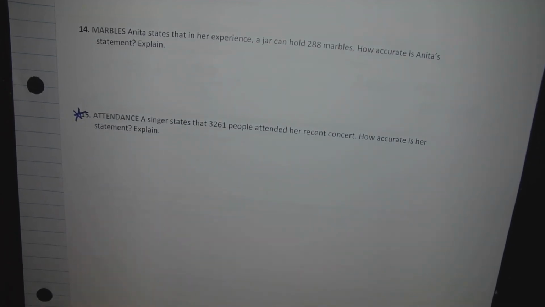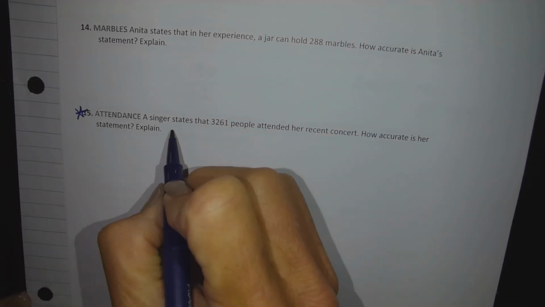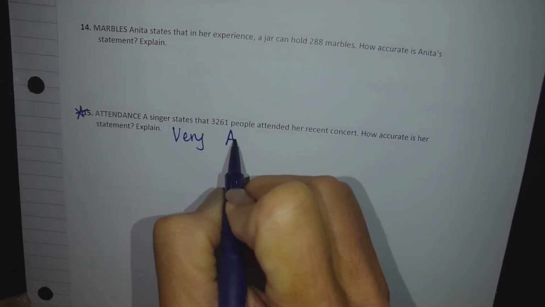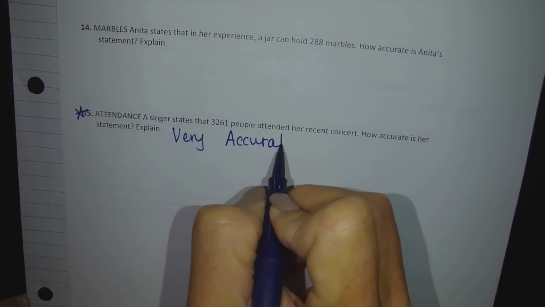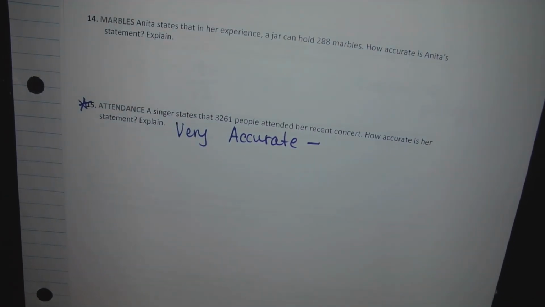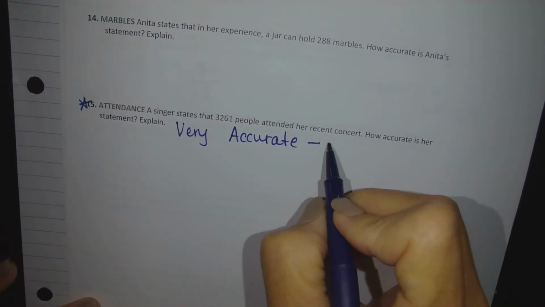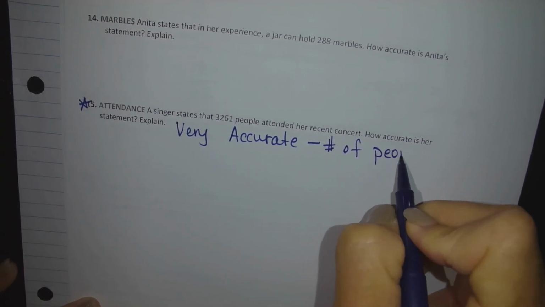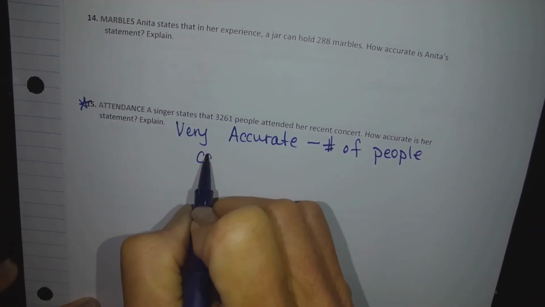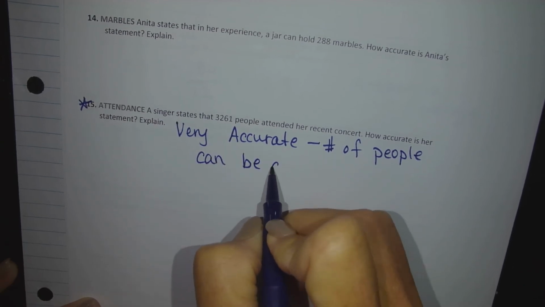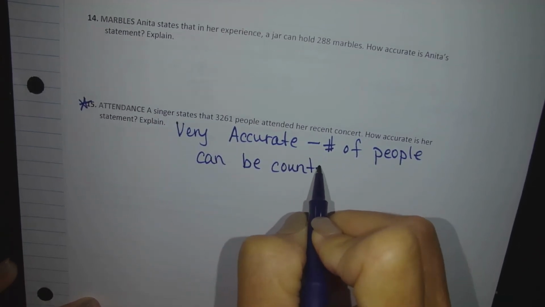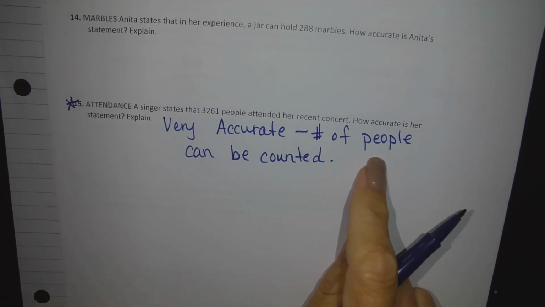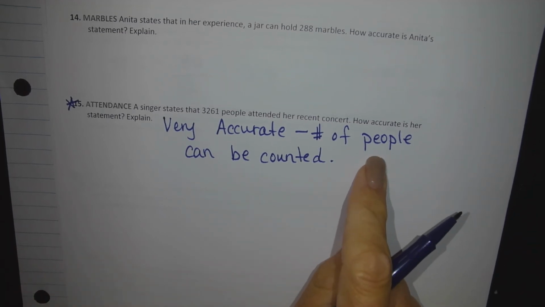So how would you answer this? I'm going to say very accurate. Because number of people can be counted. It doesn't matter how big or small the people are, right? With marbles, it kind of does.